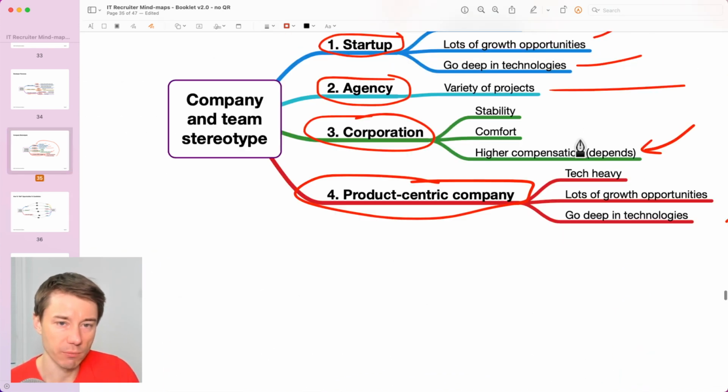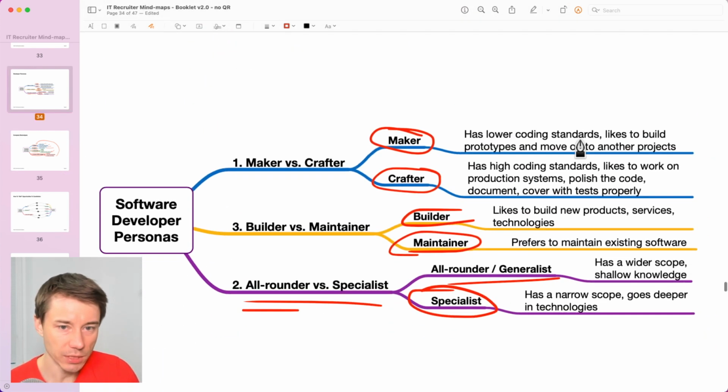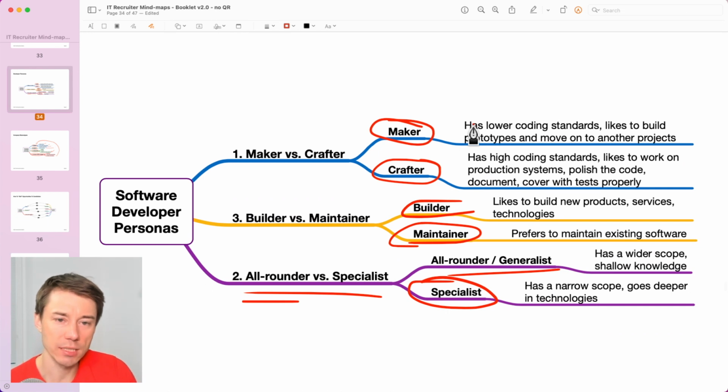So let's revisit makers and all-rounders again. So someone who has slightly lower coding standards, but can build prototypes and move on to another project really quick. So this is someone who is the maker.